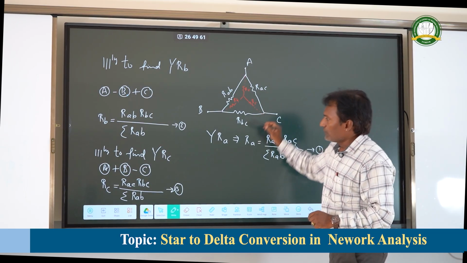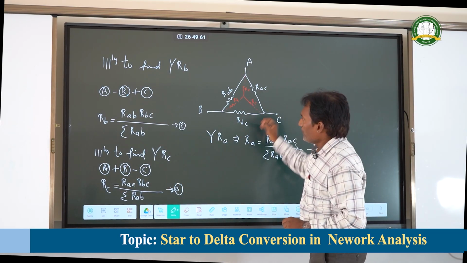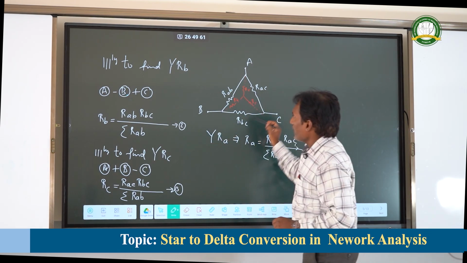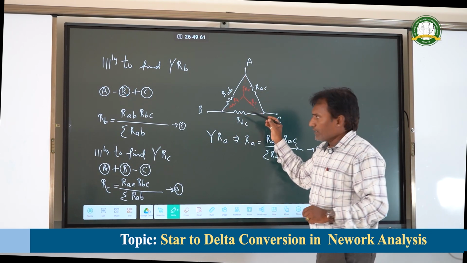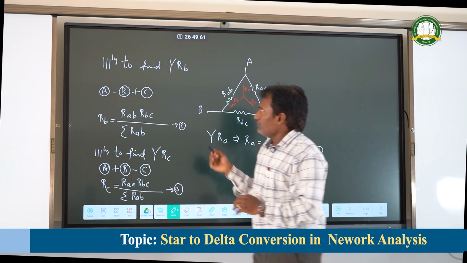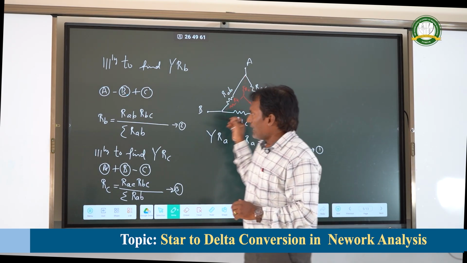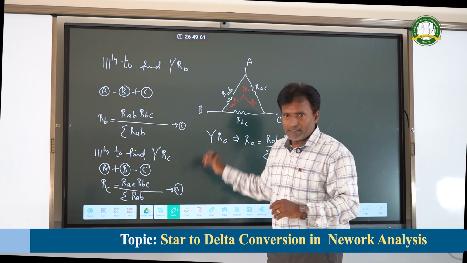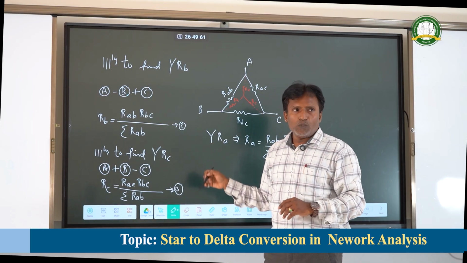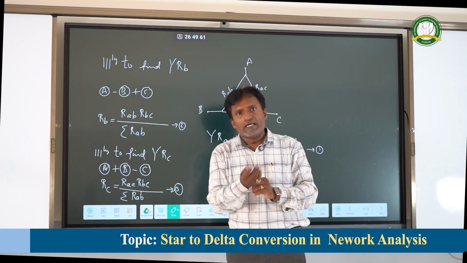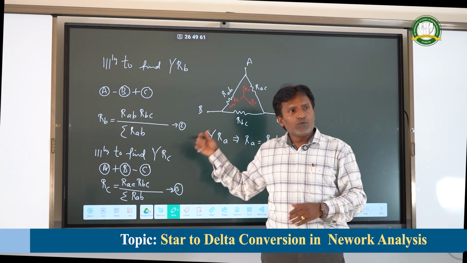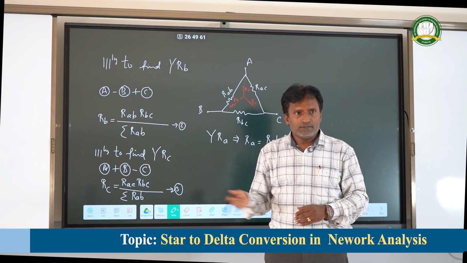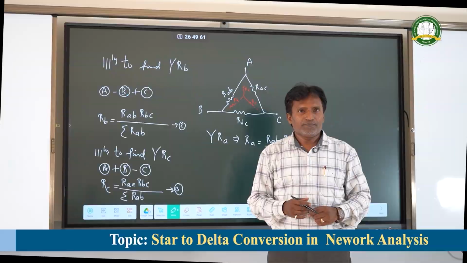So RC will be equal to RAC multiplied by RBC, divided by the summation of all the elements of delta. I have called these equations 1, 2 and 3. On solving equations 1, 2 and 3, we can convert from star to delta again. I will continue in the next lecture. Thank you.